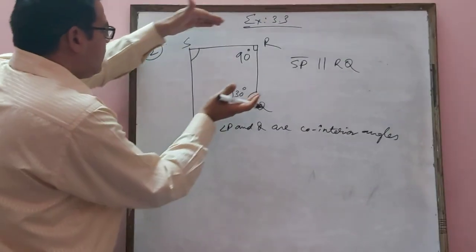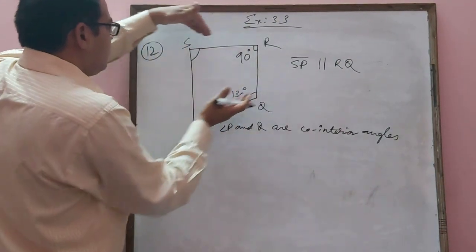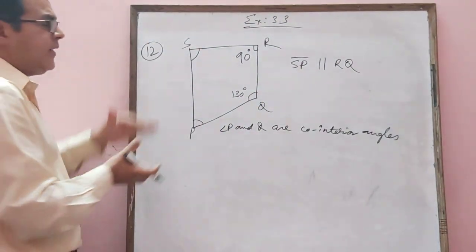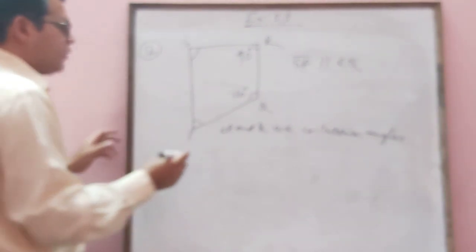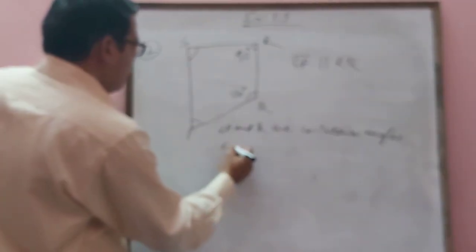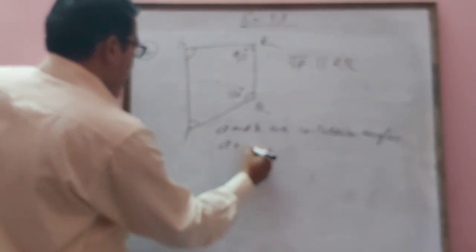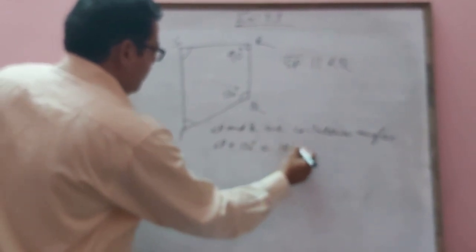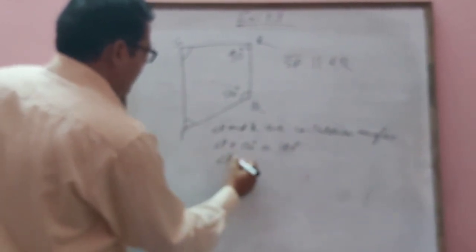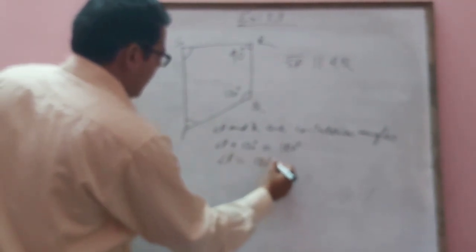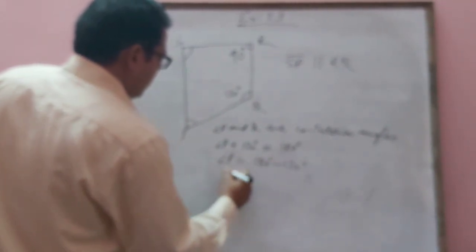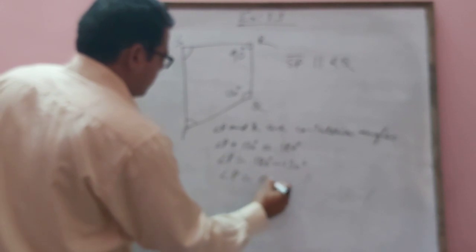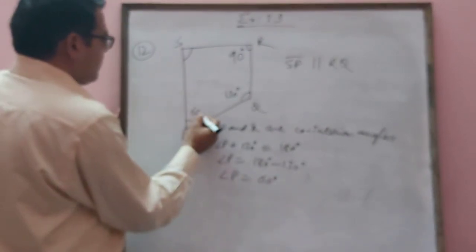Because two parallel lines are given there and they are forming angles in between these two parallel lines. Angle P we don't know, angle Q we have here, it is 130 degree. So the sum is 180, therefore angle P equals 180 minus 130. So angle P equals 60 degree. So this angle is 60.